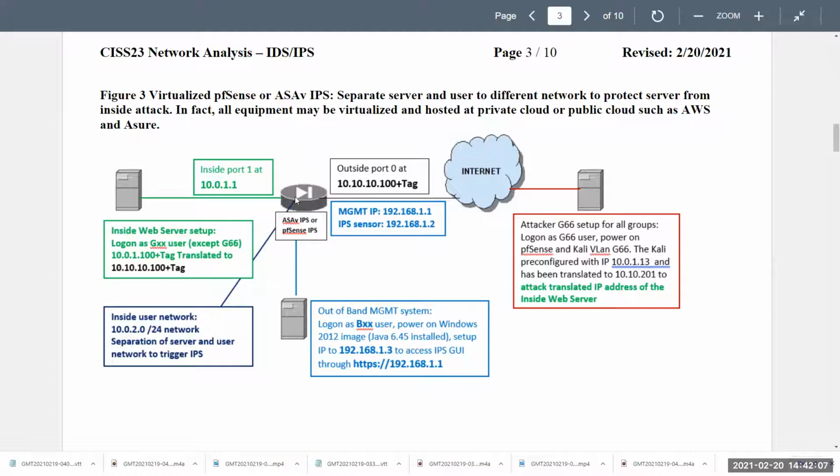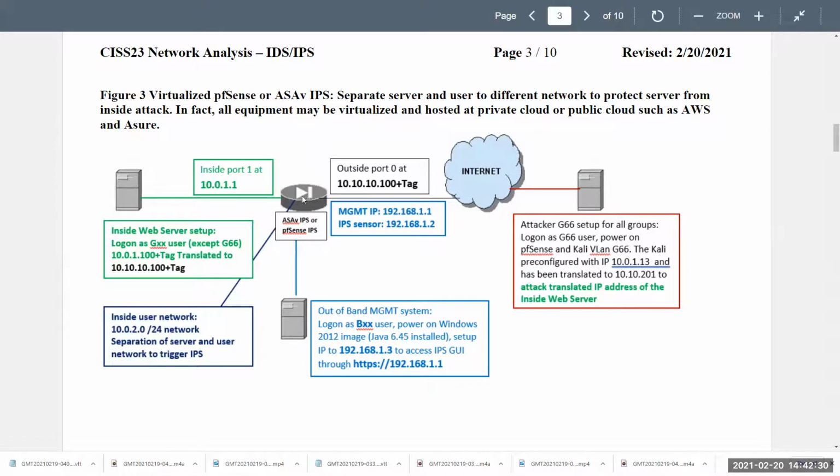So this is the box that's virtualized with the IPS, IDS, let it be Cisco or PFSense or any other box or security onion, whatever the box is. It's virtualized and put it into either a host machine or an ESXi server, or you can even move it into the Amazon. That's the same.